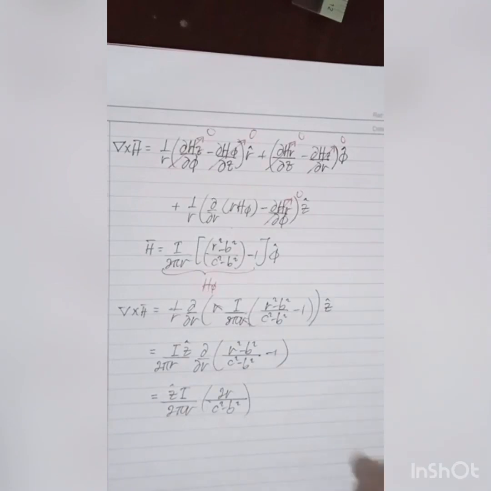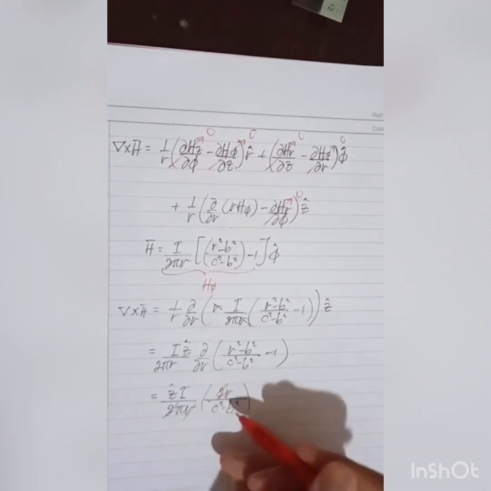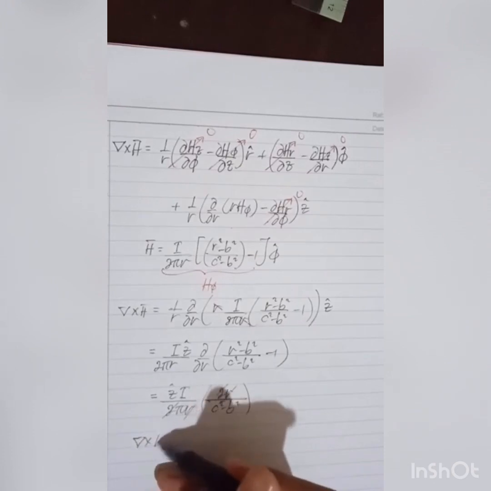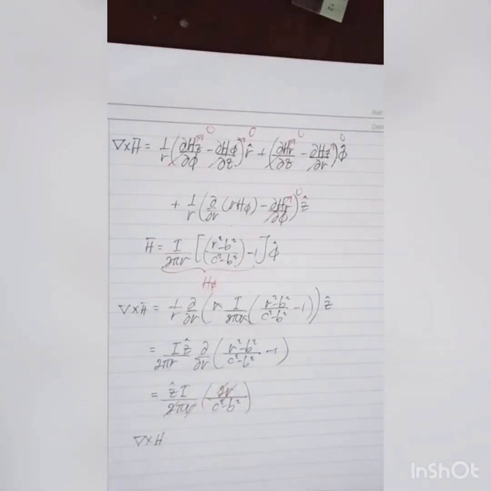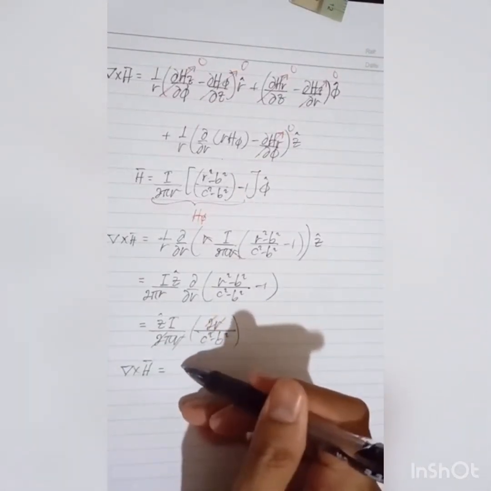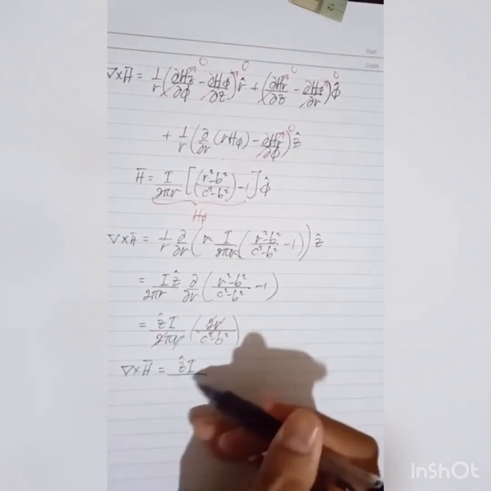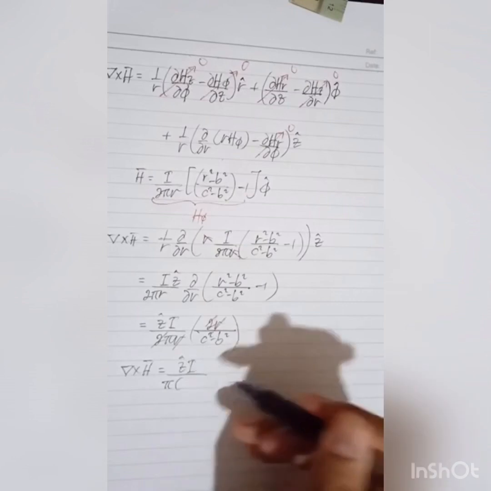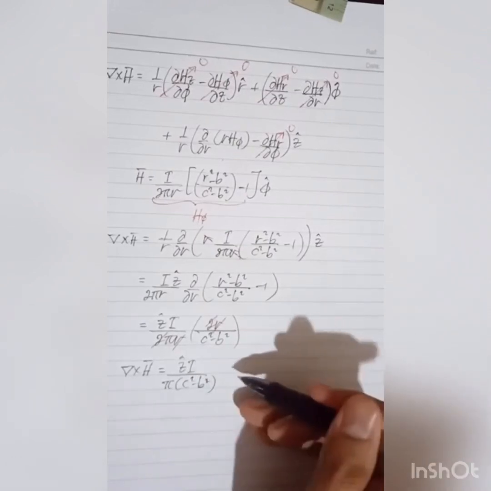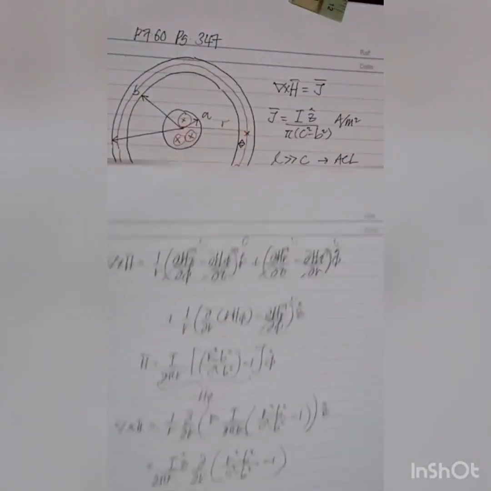Now again we can simply delete the 2 here with the 2 up there, and also the r down here with the r up there, and finally we have the curl of H, which equals in the z direction I over pi times c squared minus b squared, which is exactly the same as what we obtained earlier up there.